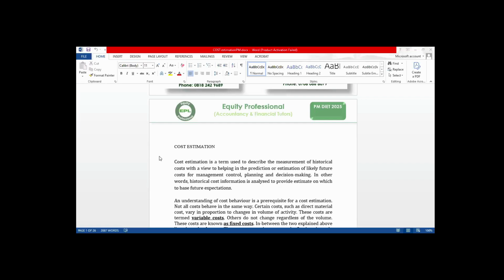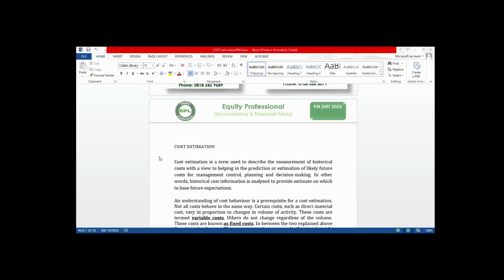We explained that cost behavior is the manner or way in which costs respond to changes in the volume of production.